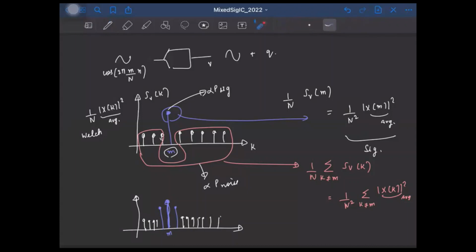So here the signal power will be the sum of these three bins, right? So the sum of these three bins will be proportional to the signal power, and the sum of all the other bins will be proportional to the noise power, right? And we'll take the ratio of the two to find the signal to noise ratio.